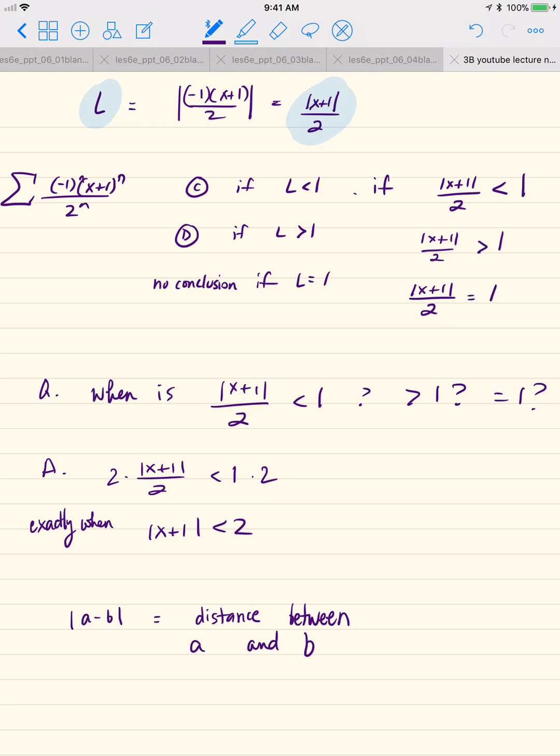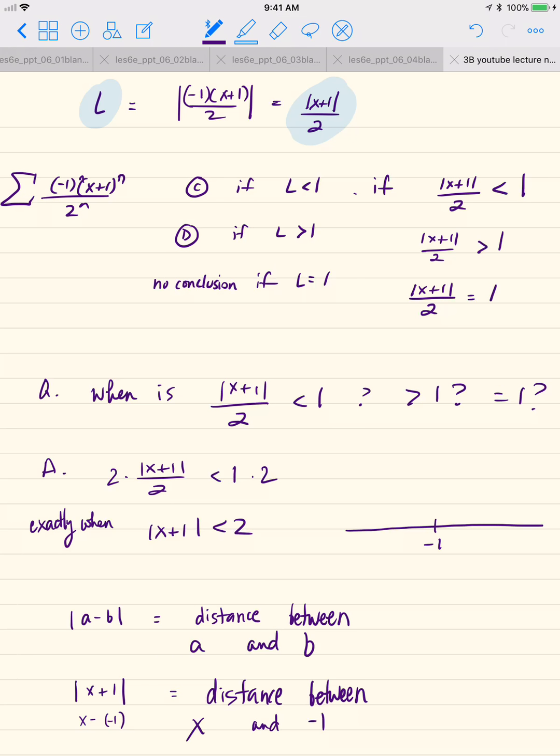So if we have the absolute value of x plus 1, that's going to be the distance between x and negative 1, because we can rewrite this as x minus negative 1. So what does it mean to say that the distance between x and negative 1 is less than 2?